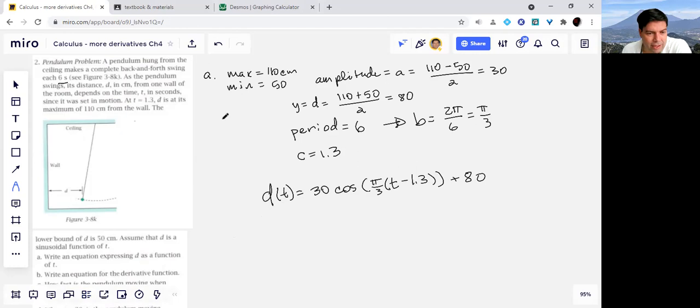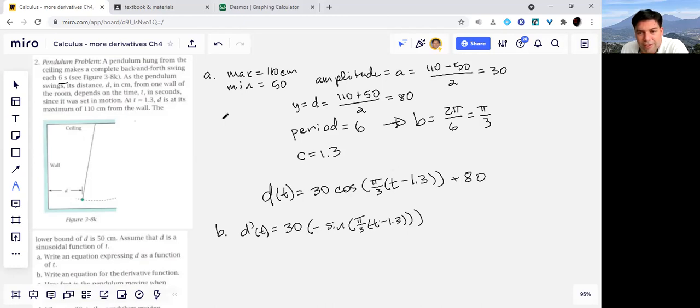Okay, let's see part B. Write an equation for the derivative function. The derivative, d prime of t, is the derivative of 30 times cosine of something. So that is 30 times the derivative of cosine, which is negative sine of pi over 3 t minus 1.3, times the derivative of the inside.